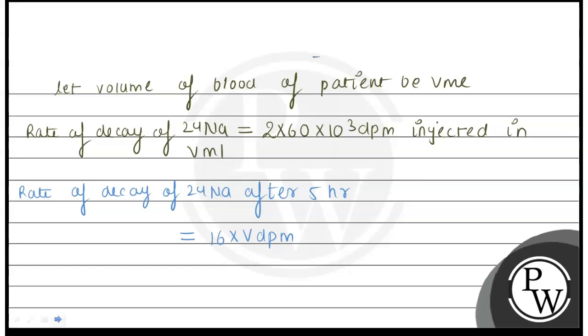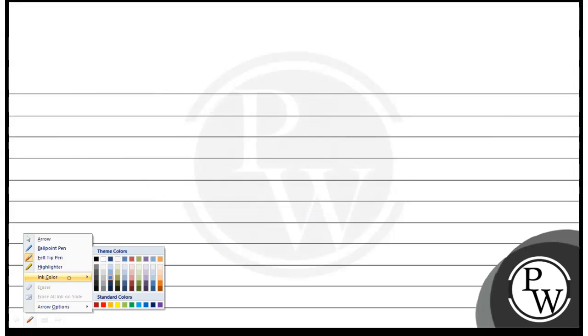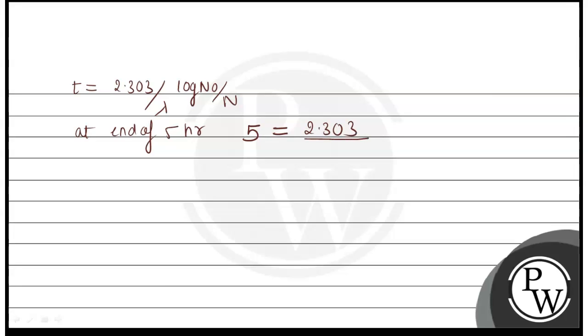Now let's solve it further. T is given by 2.303 divided by λ × log of N naught by N. At the end of 5 hours, 5 = 2.303 divided by λ, and λ is equal to 0.693 divided by T half, where T half is given as 15 hours.